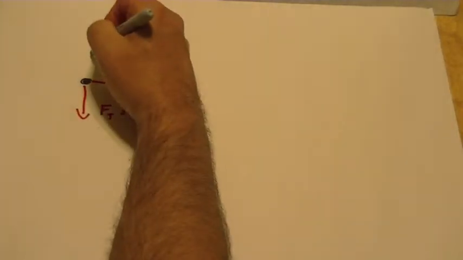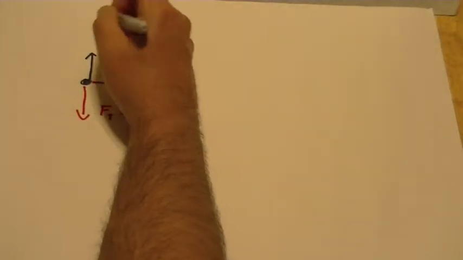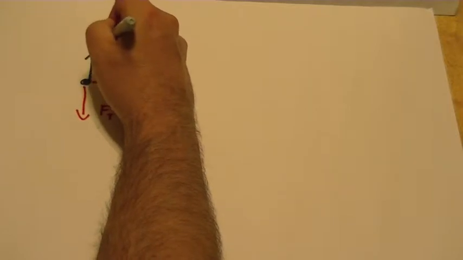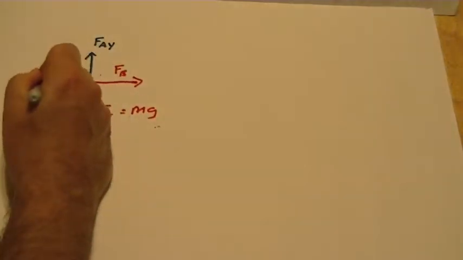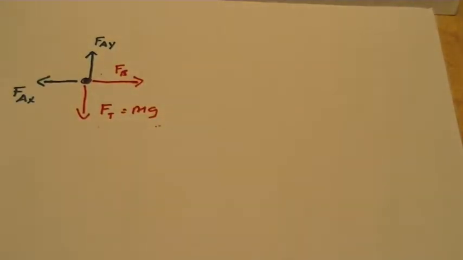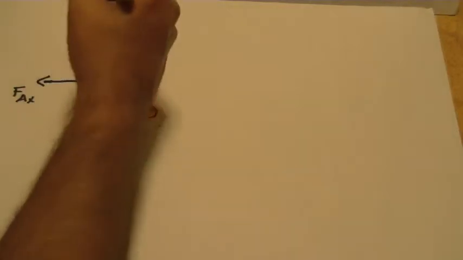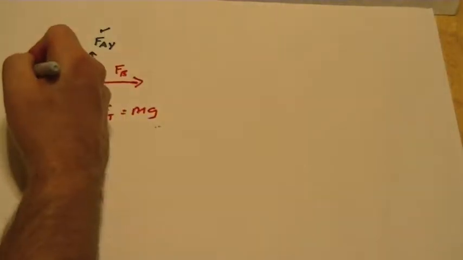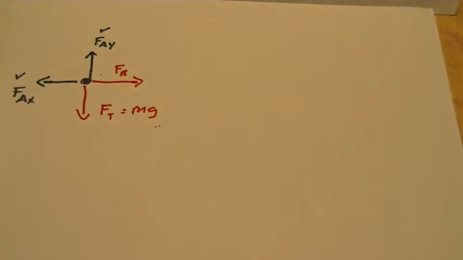Fa is being replaced by two new vectors, Fay and Fax. Now this is actually a much simpler problem. I don't have to worry about angles anymore. Remember, I know the size of Fay and I know the size of Fax, and so I can now work in the problem in the x and the y direction.